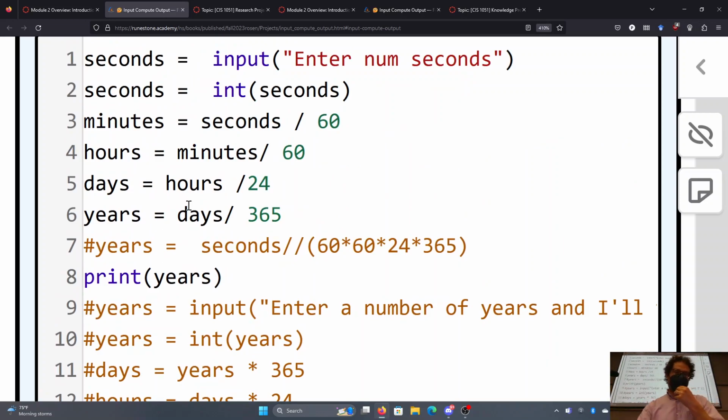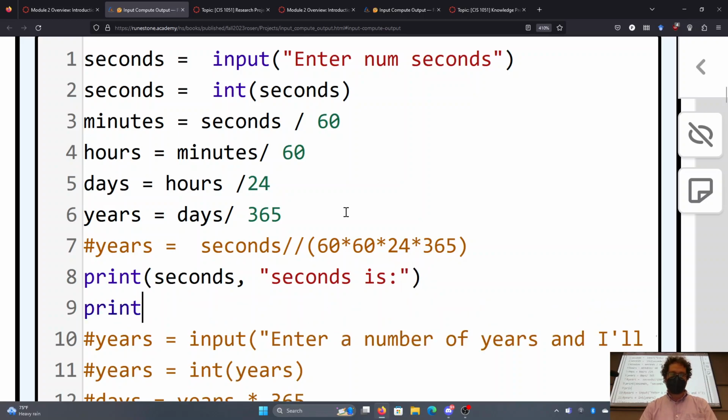Are they saying that I want to say that seconds is, and here you'll see what I'm doing, print minutes, comma, minutes. We'll take a look at and explain the print statement in a second.